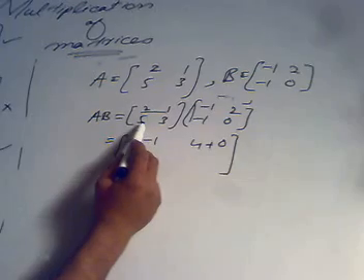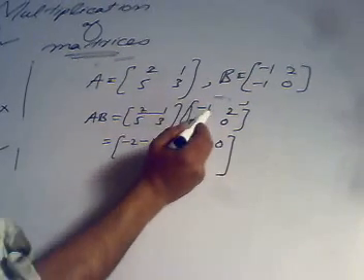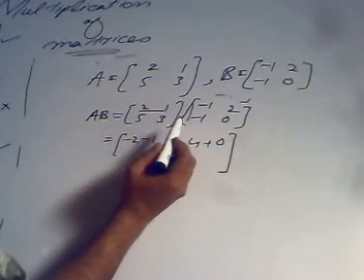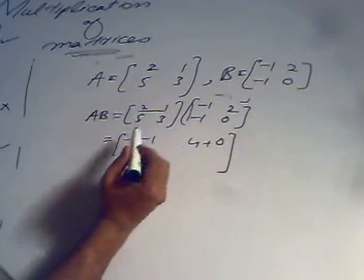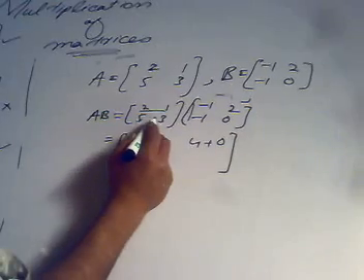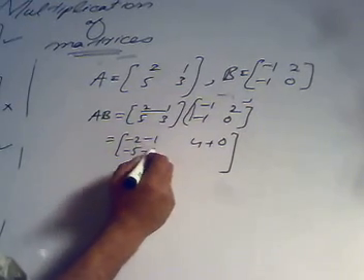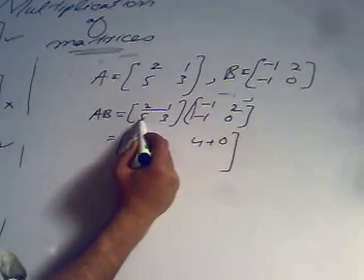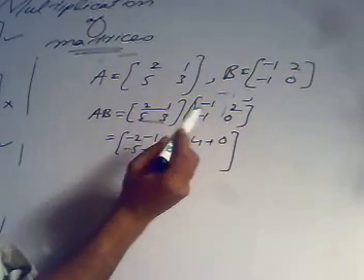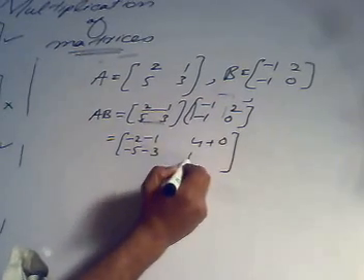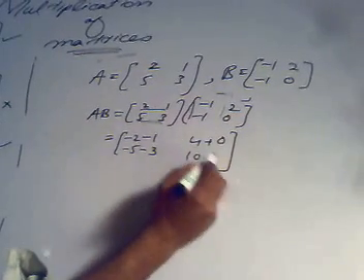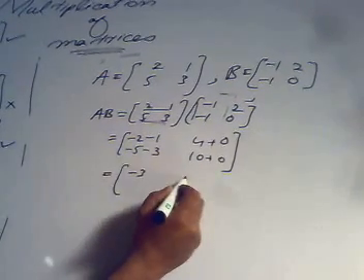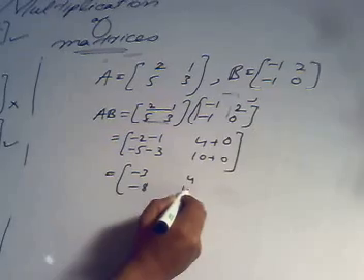Similarly, we multiply the second row with the first column, so the first element is multiplied with the first, and the second element with the second, so this will be -5, then plus minus, 3 1s are 3. Now the last step, we multiply the second row with the second column, and we get 5 2s are 10, and positive 3 0s are 0. So now our answer will be -3 4 -8 10.